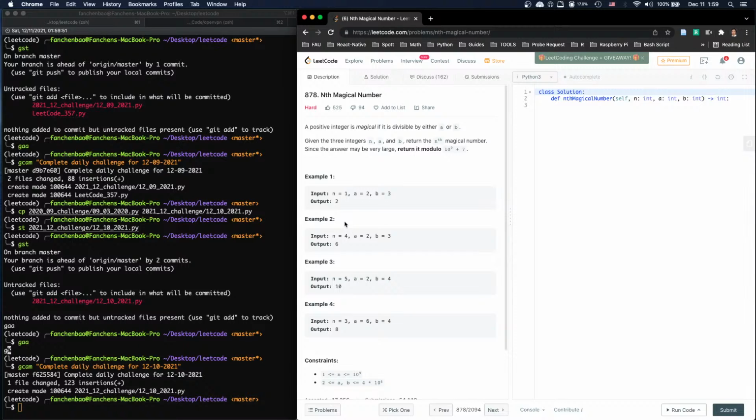That's 7, but 7 doesn't exist for either 2 or 3. So what do we do? Well, if we got 7, we can get a value that can be divisible by either one, right?